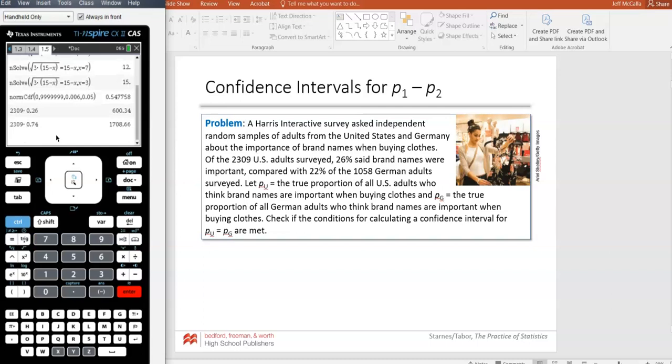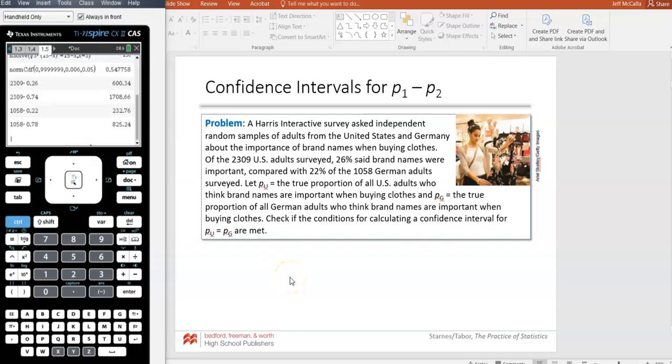So we have at least 10 of each of those. That's good. Let's check for the Germans. 1,058 times 0.22 and 1,058 times 1 minus 0.22, which is 0.78, I believe. Those are both more than 10. We had a big enough sample size, so you can be pretty sure you're going to be okay there.